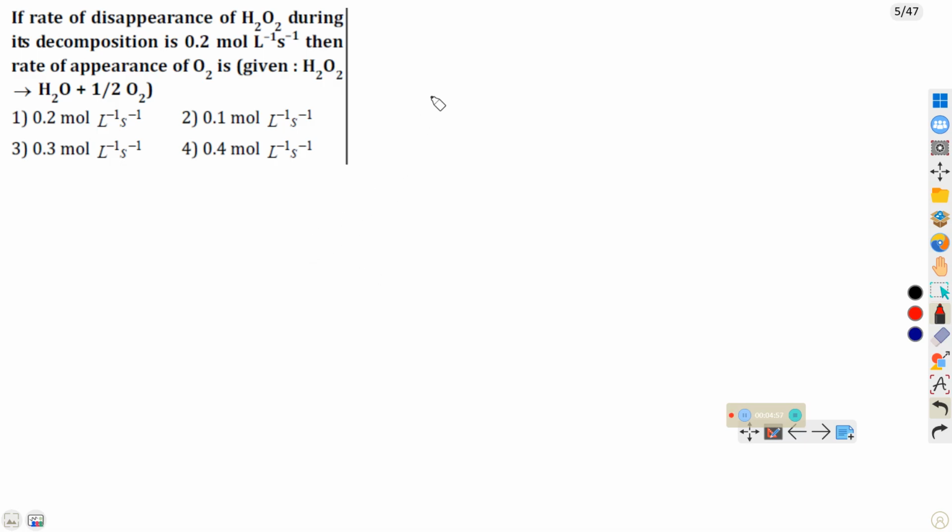The rate of disappearance of H2O2 during its decomposition is 0.2 mole liter inverse second inverse. Then the rate of appearance of O2 is? The given equation is H2O2 gives rise to H2O plus half O2.